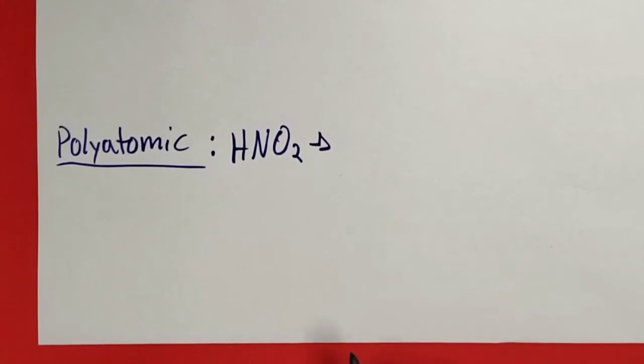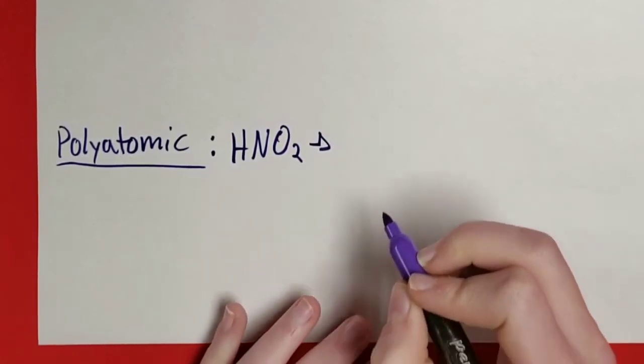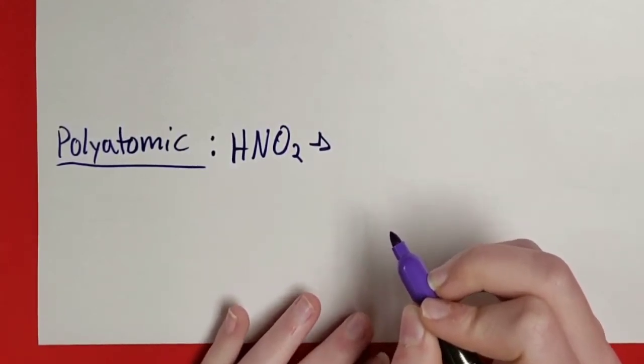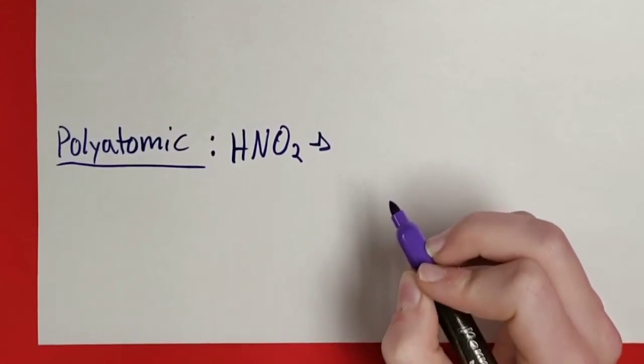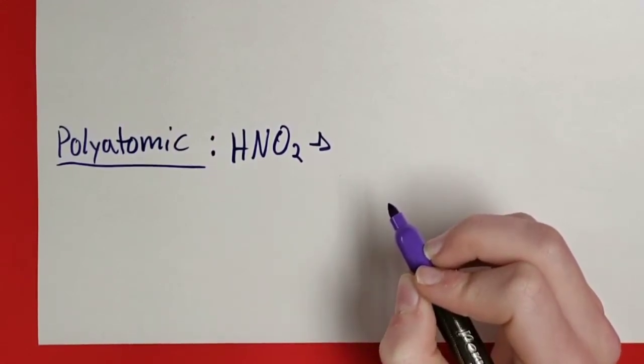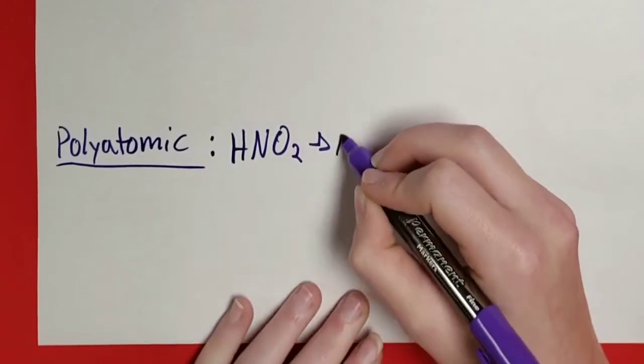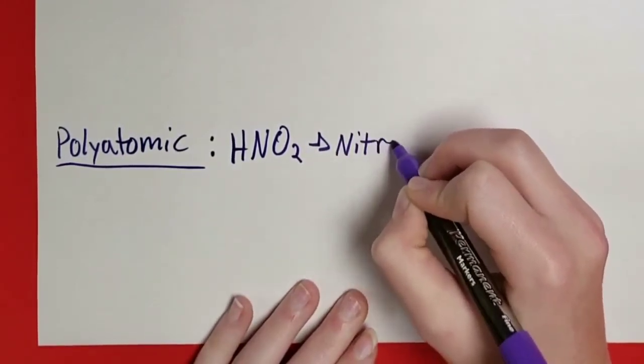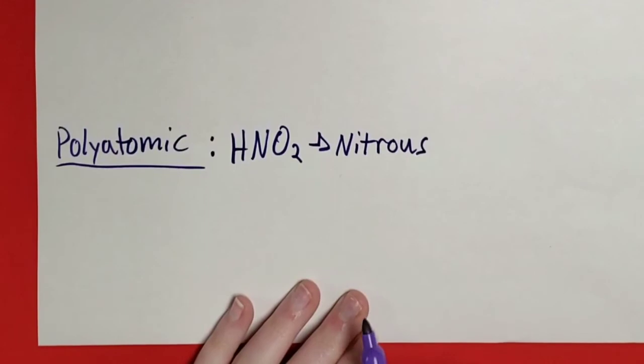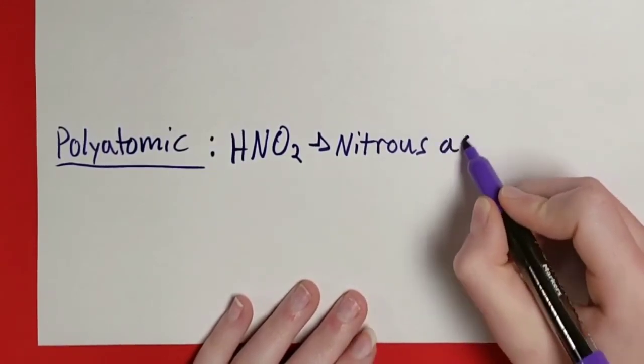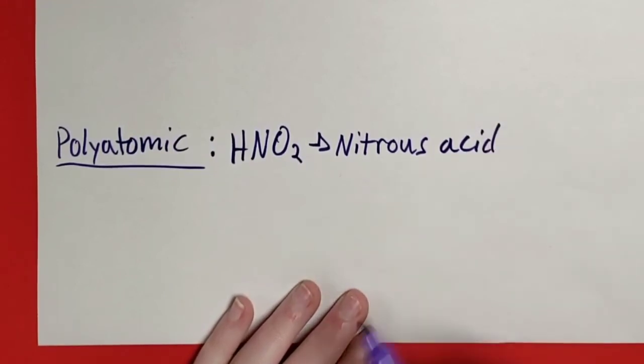Instead, all we need to do is write the polyatomic ion, in this case, nitrite. But because it has an "ite" ending, like we said before, it'll need to be changed to an "ous" ending. When writing this down, it should look like nitrous. After nitrous, make sure to write acid again to specify that the hydrogen is there and that it is an acid.